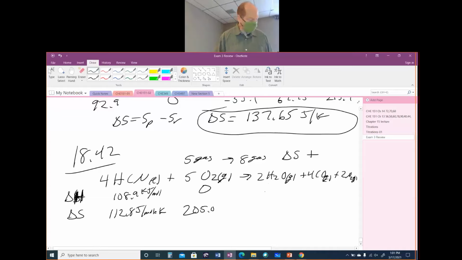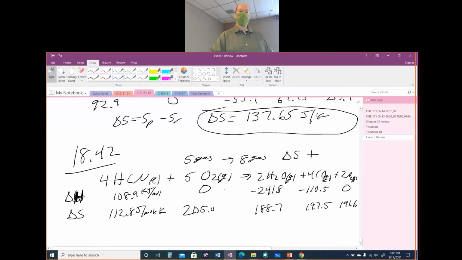Your H2O gas, negative 241.8 and 188.7 for the S value. Your CO, negative 110.5, 197.5 for the S value. And then element in the natural state, delta H is 0. The S value is 191.6.